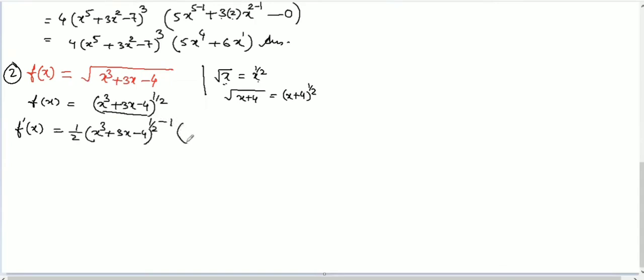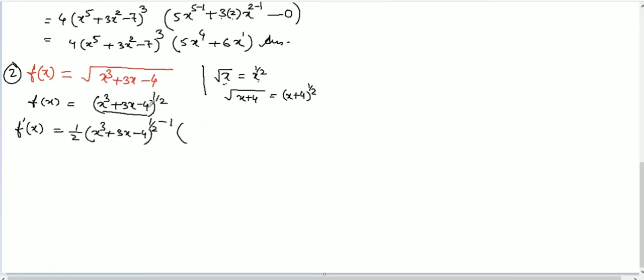Now multiply by the differentiation of the inside function. So no need to write dy over dx. After much practice, you will be able to apply the chain rule directly. So I'm going to do it directly here.